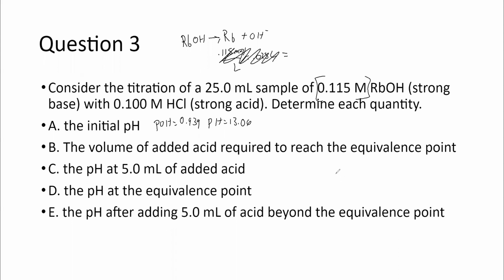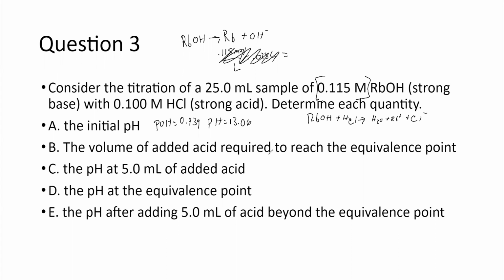All right, so how much volume do I need to get the equivalency point? So Rb+ OH- plus HCl makes H2O plus Rb+ Cl-. There we go. And so this is a 1-to-1 ratio. So I can do M1V1 equals M2V2 again.